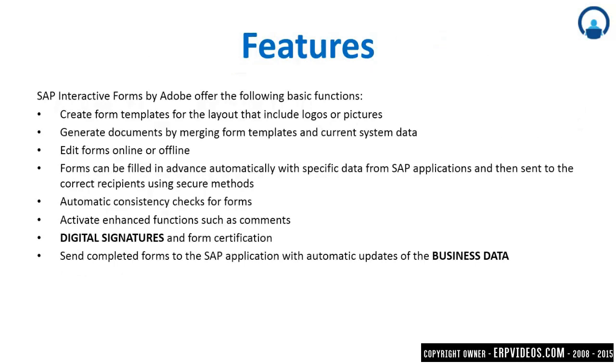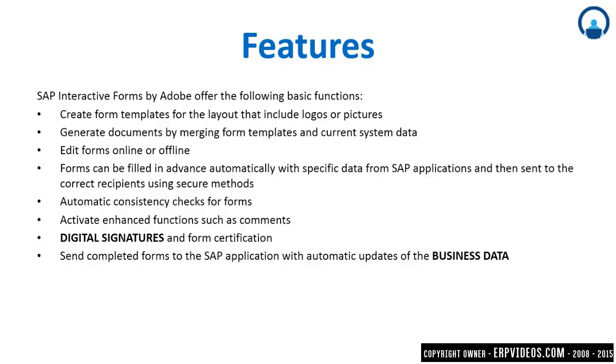Now next we'll see about the basic functions, that is, the features provided by the Adobe Forms. First, it helps us create the form templates for the layout that includes logos or pictures. So with the help of Adobe Forms, it is easier to add logos or pictures. Next, it enables us to generate documents by merging the form templates and current system data. Then it helps us edit the forms online or offline since it is an interactive form.